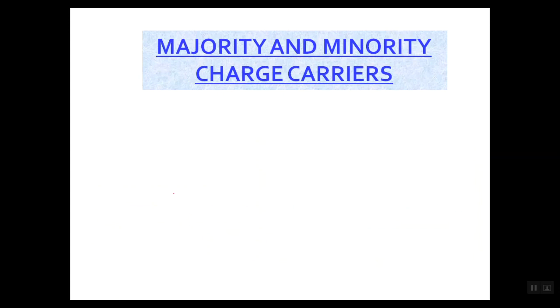Let us understand how it works. Now see, whichever carriers are more in number are the majority carriers. Here in N type, majority carriers are electrons and in P type, majority carriers are holes.